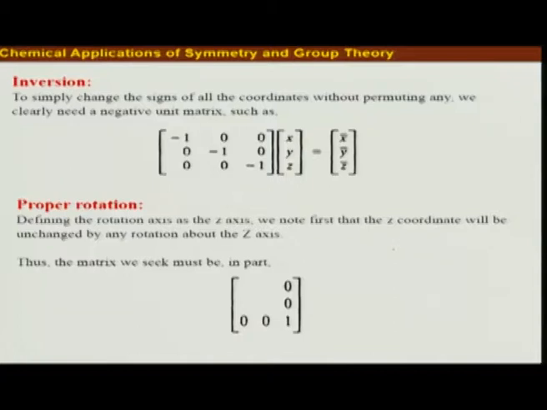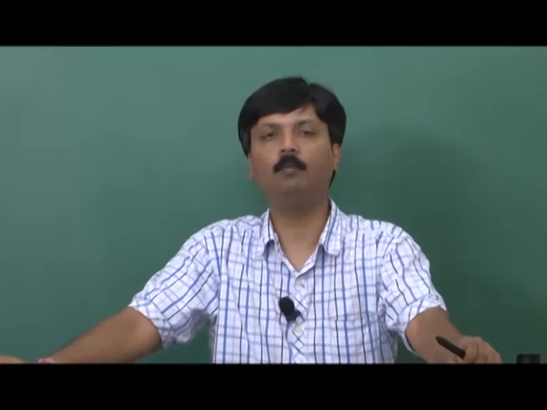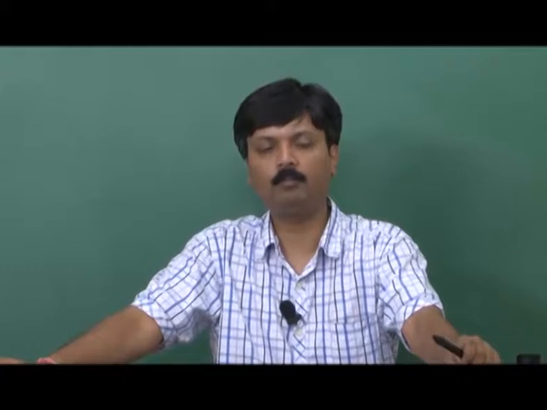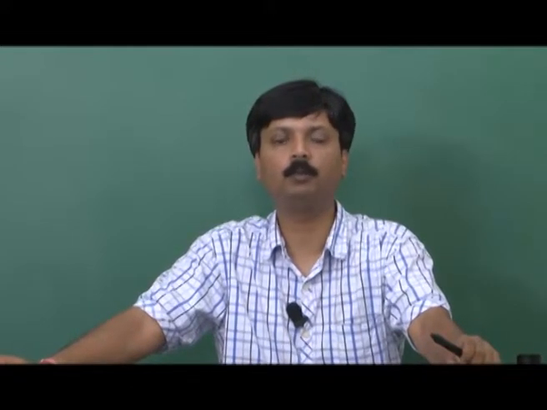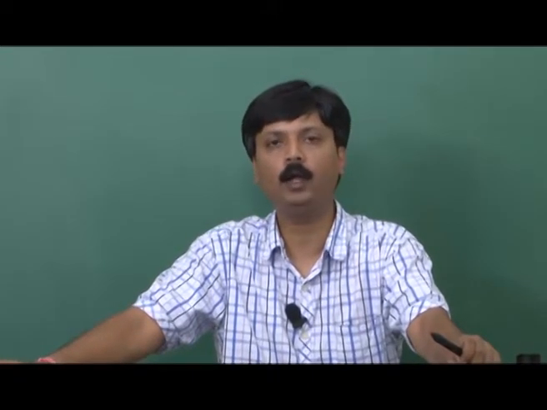Now let us come to inversion. Inversion is another one which is not too difficult. In case of inversion, you take any general point on the body. If its coordinates are x, y and z, then after the inversion symmetry operation is done on this particular point, each coordinate will get inverted.